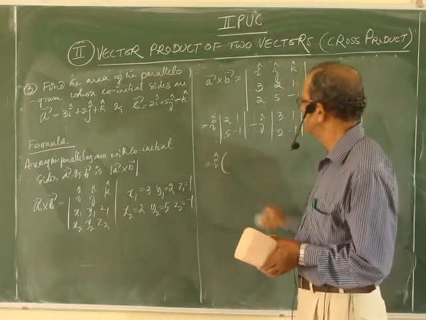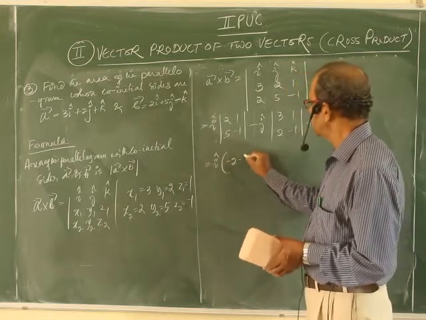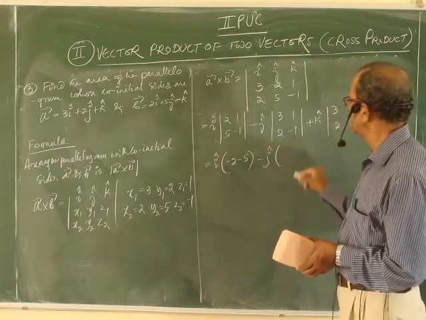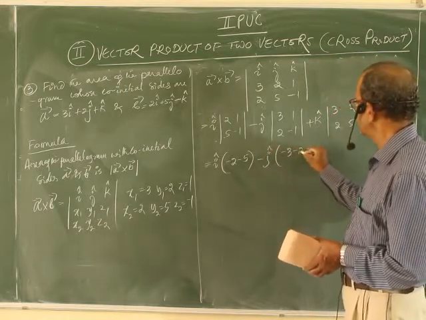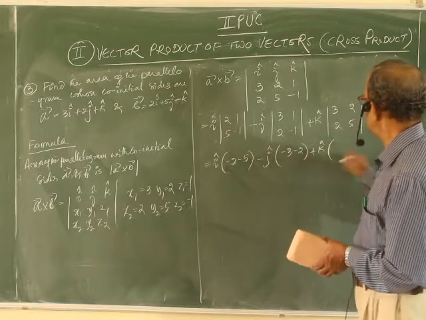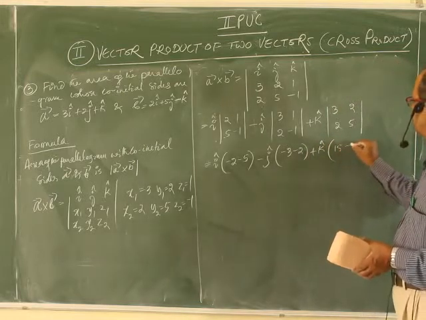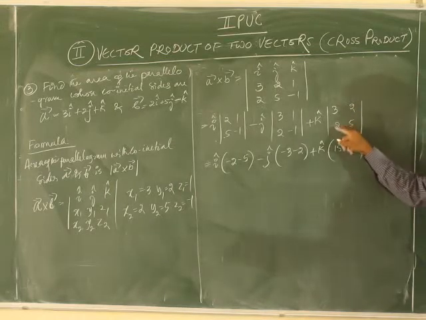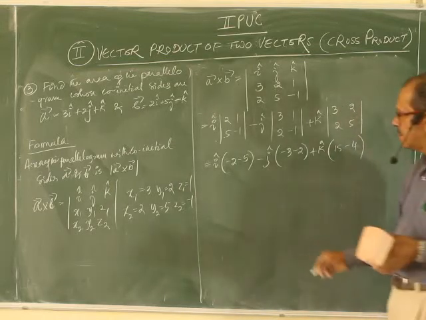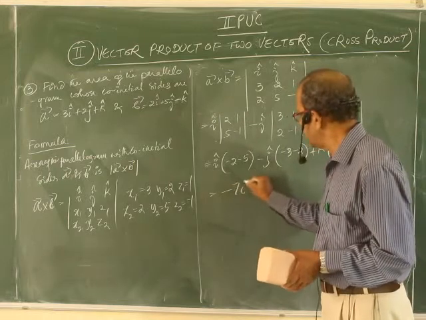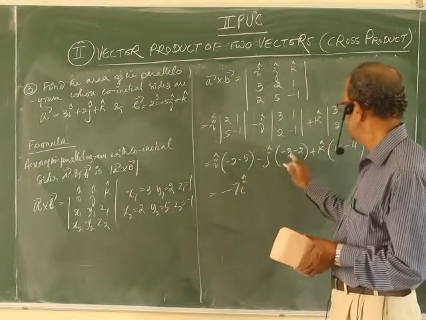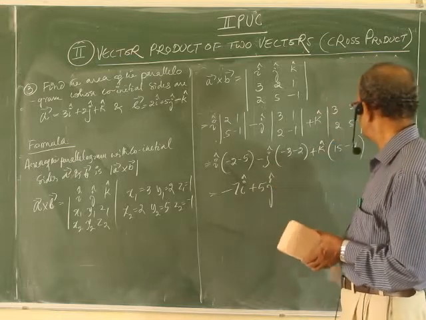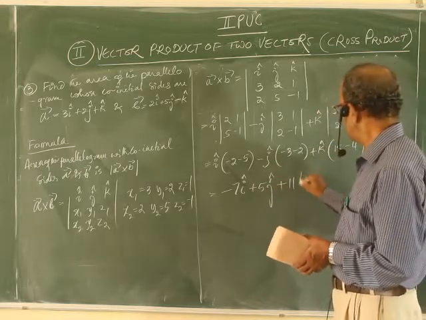I into (minus 2 minus 5), minus J into (minus 3 minus 2), plus K into (15 minus 4). That gives minus 7i plus 5j plus 11k.